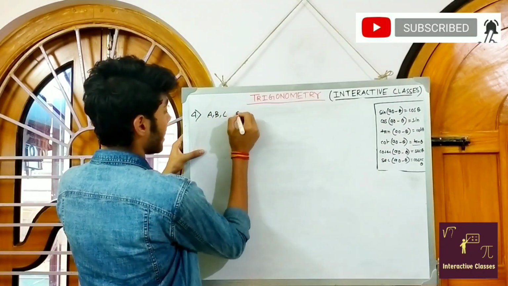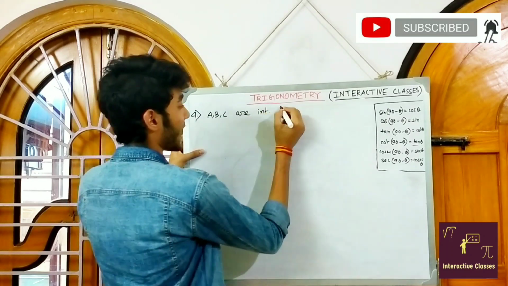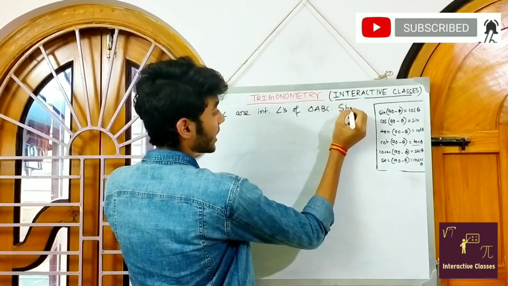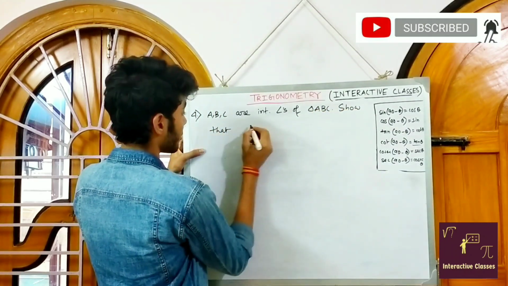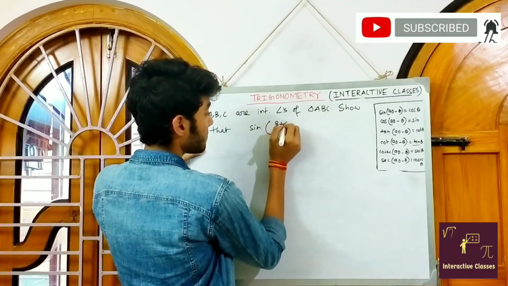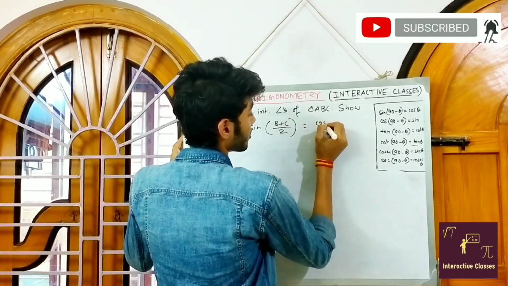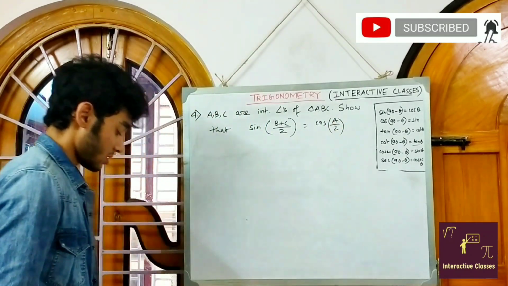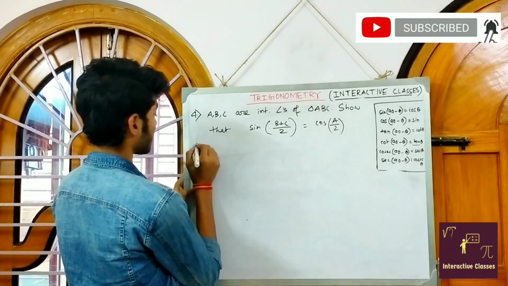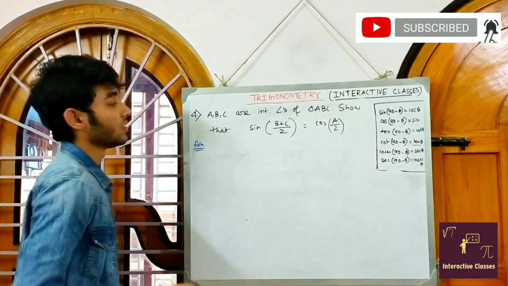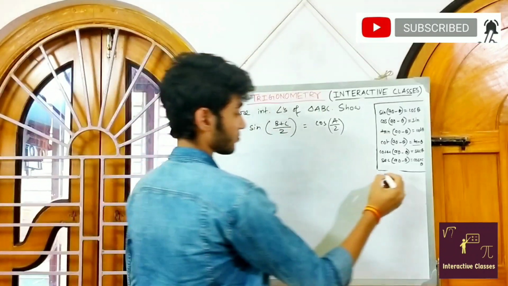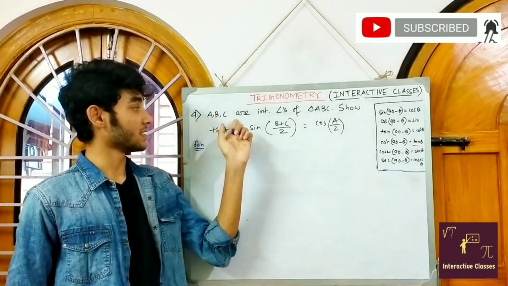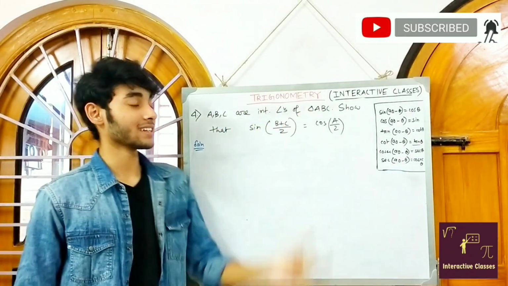A, B, C are interior angles of triangle ABC. Show that sin of B plus C by 2 is cos A by 2. Now to solve this, it is given that A, B, C are the interior angles of triangle ABC.